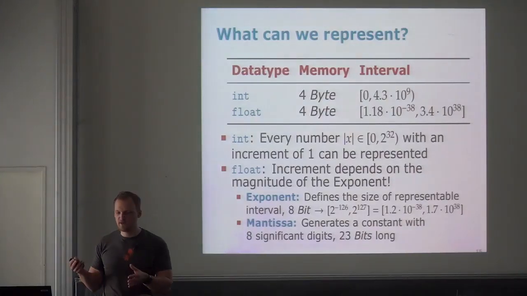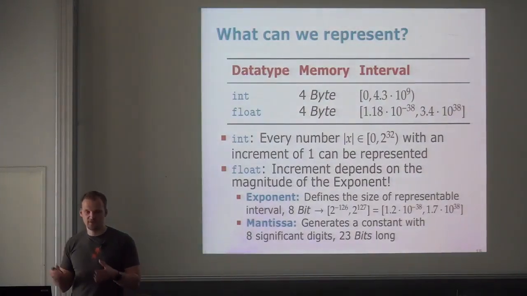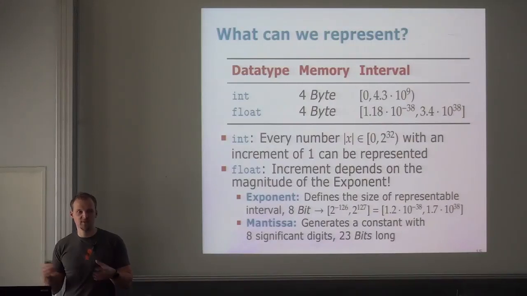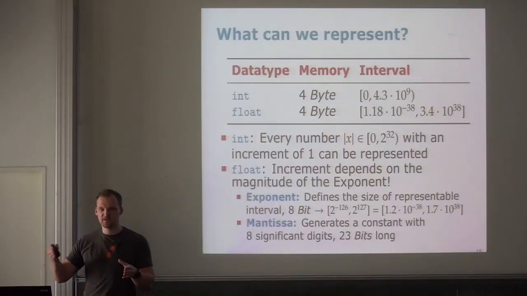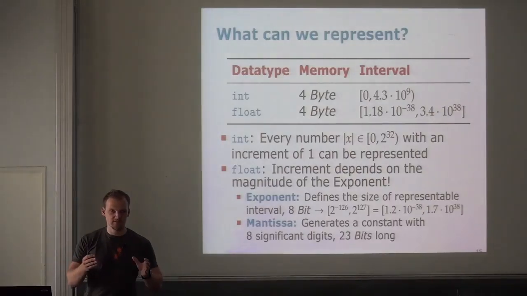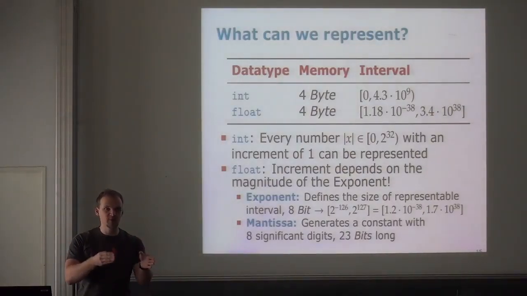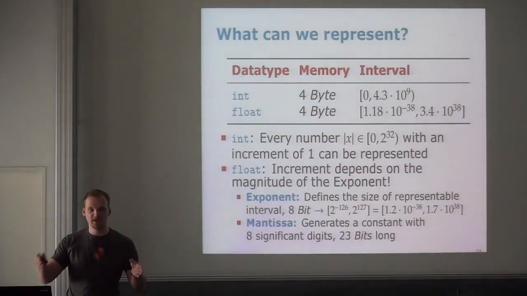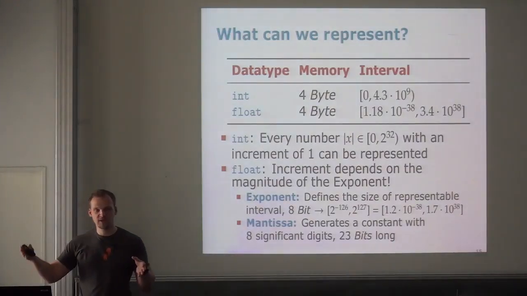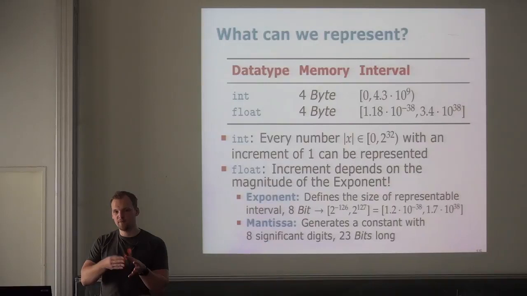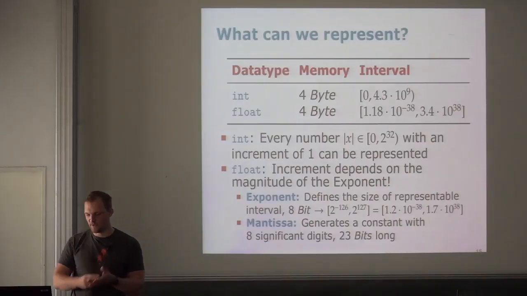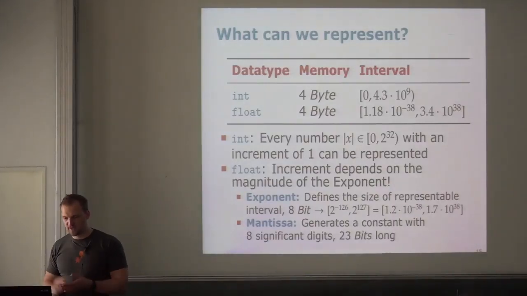It depends on the magnitude of the exponent. The bigger the exponent, the bigger the minimum step you can do in representing the next number. If your exponent is really big, your step will be bigger than if it's smaller. We're going to see it in an example soon.